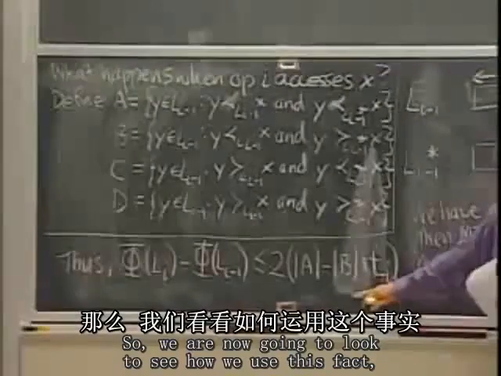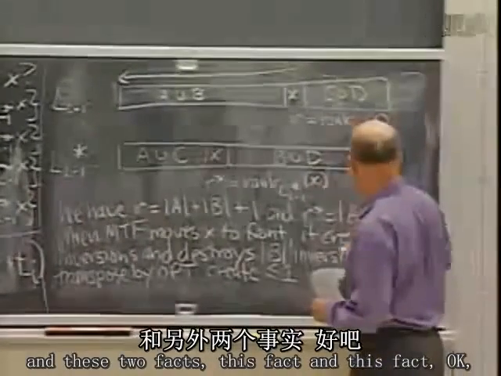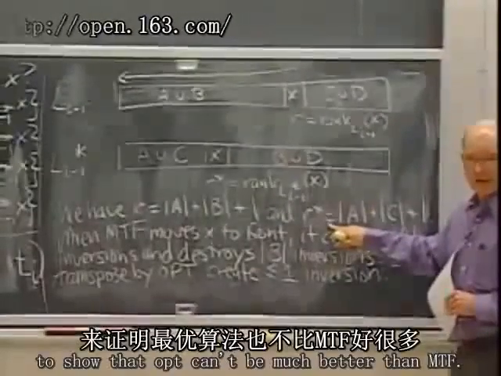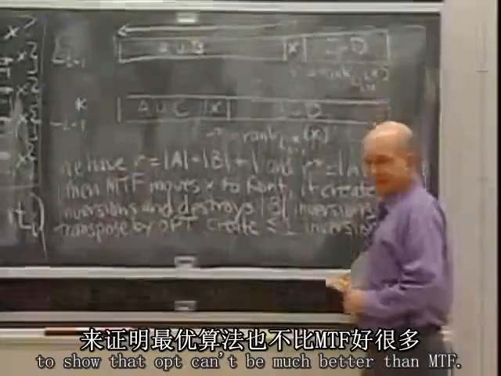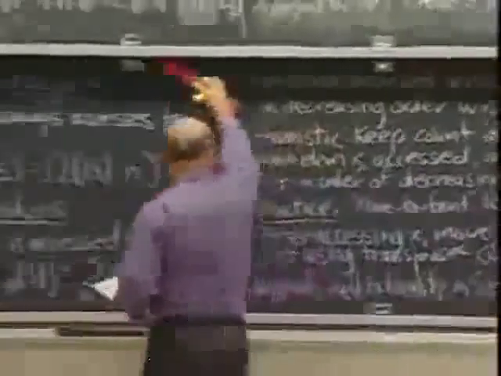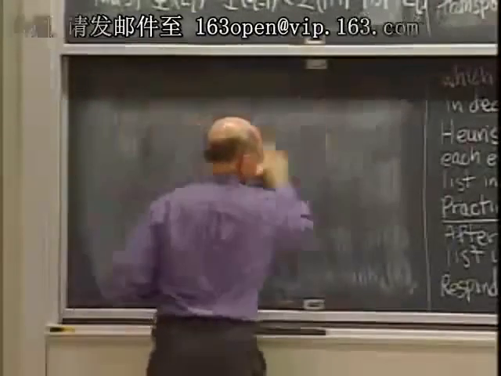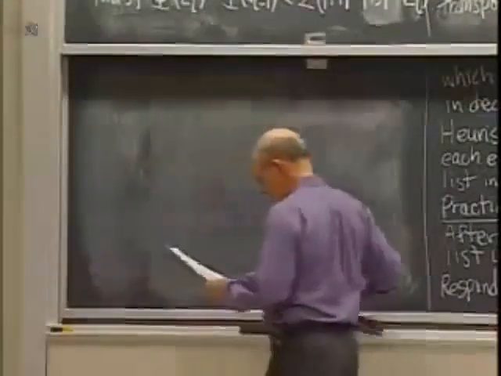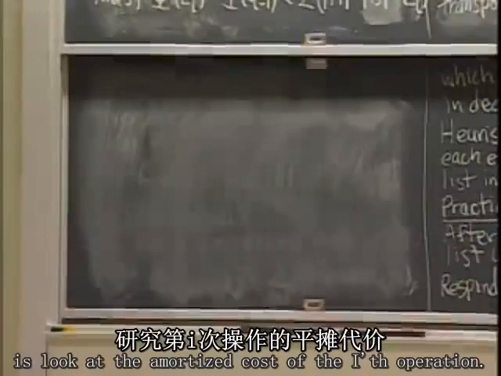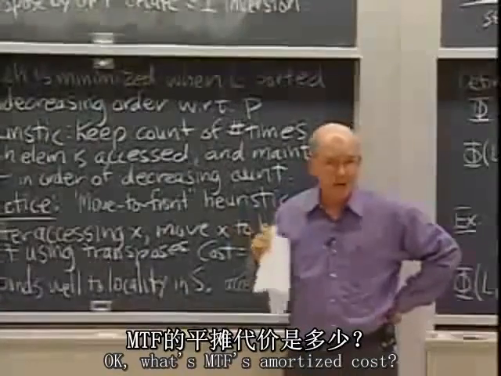We're now going to look to see how we use this fact and this fact to show that OPT can't be much better than MTF. The way we're going to do that is look at the amortized cost of the ith operation. What's MTF's amortized cost?